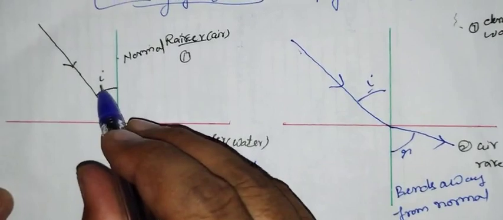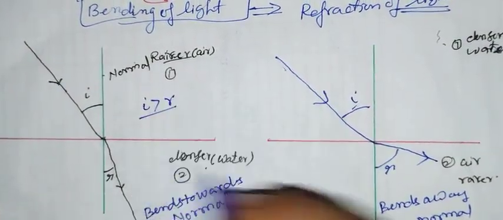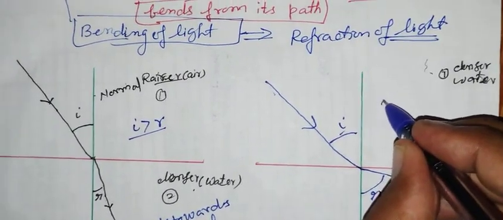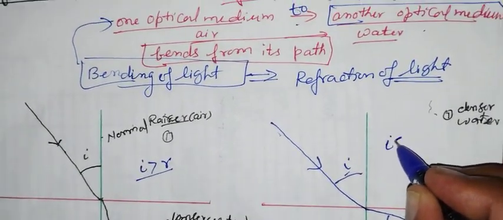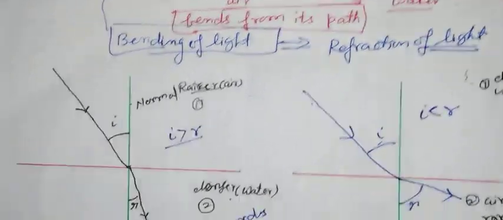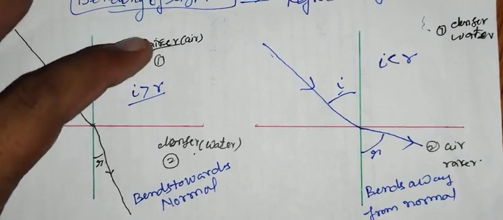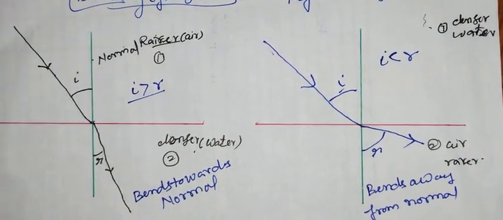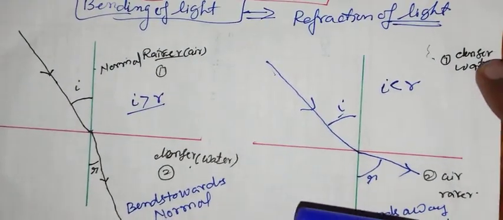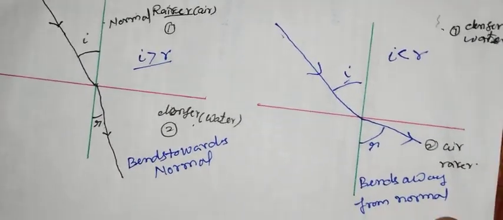Here the angle of incidence I is greater than R, and here the angle of incidence I is less than angle R. So in both diagrams, one thing is common.